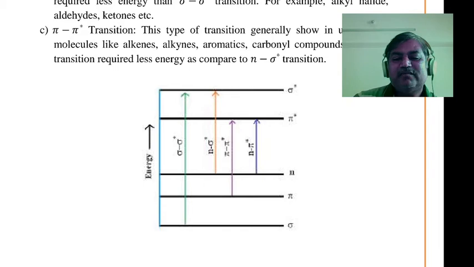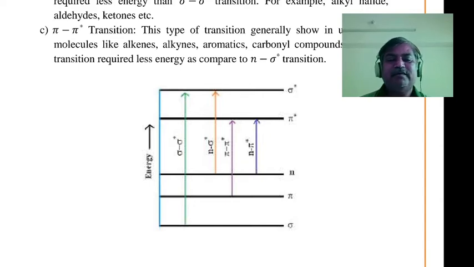This transition requires highest energy to excite from ground state to excited state energy level, and that's why this transition shows what is the relationship between energy and wavelength. The energy and wavelength is always reciprocal of each other.